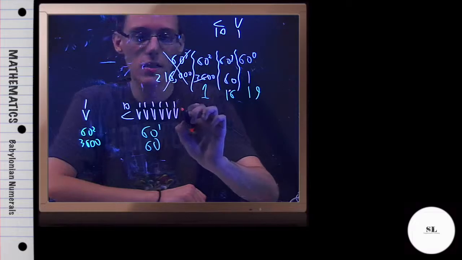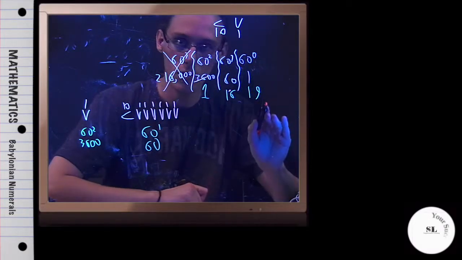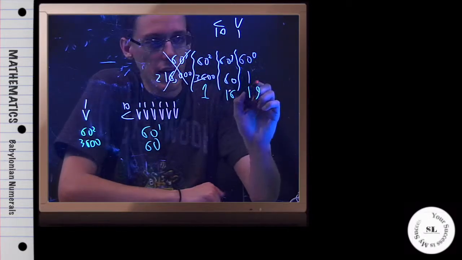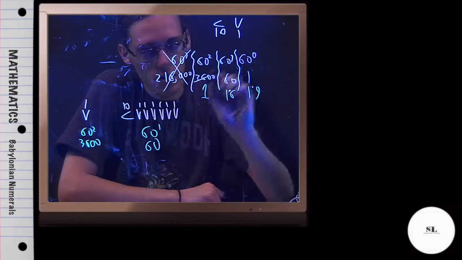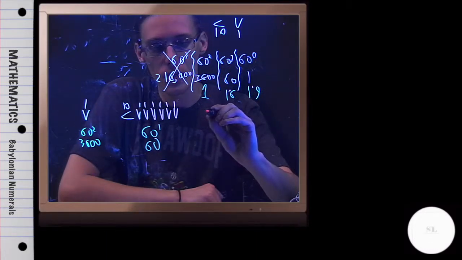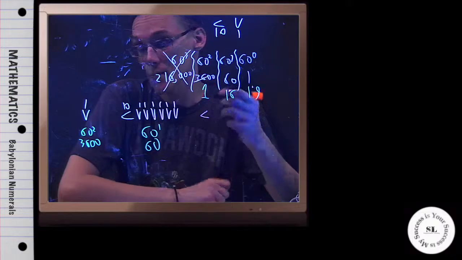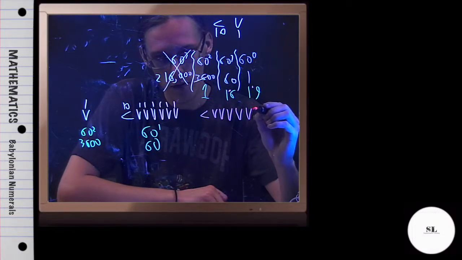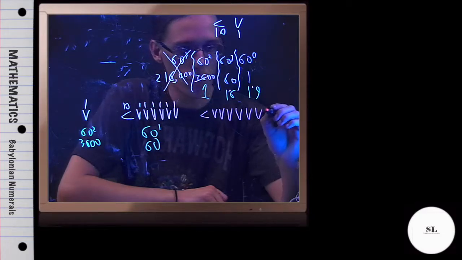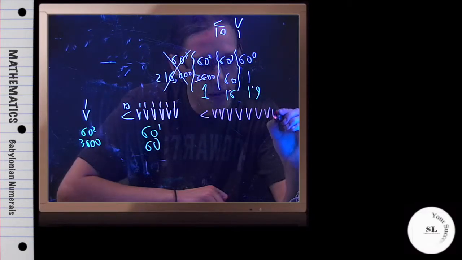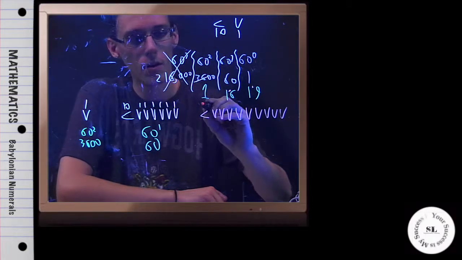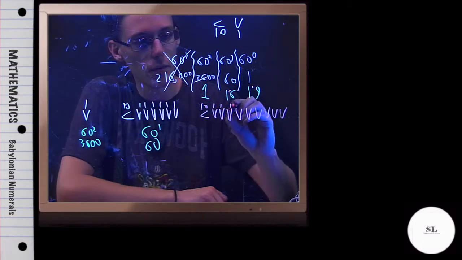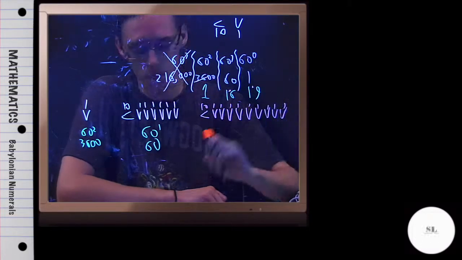Then again, I need to leave a space so that we know we've moved into a new position. And so right here, I need 19 groups in the ones place. So 19 is just going to be 10 plus 9. And that's just going to be 9 ones. So 1, 2, 3, 4, 5, 6, 7, 8, 9. Okay. So that's 10, and 9 ones.